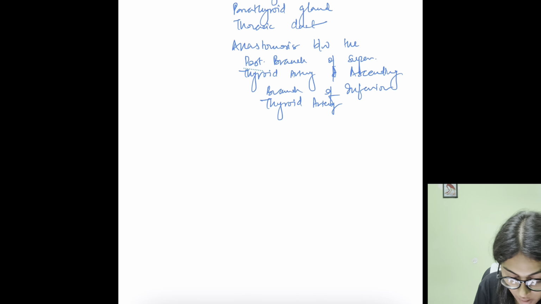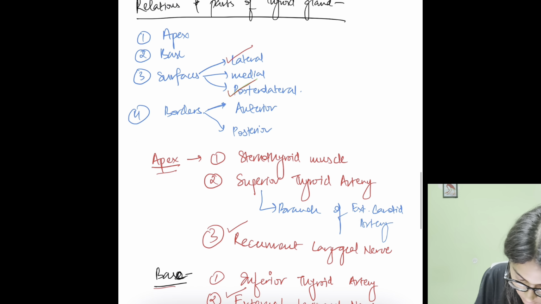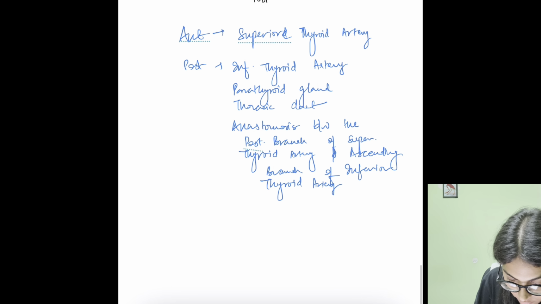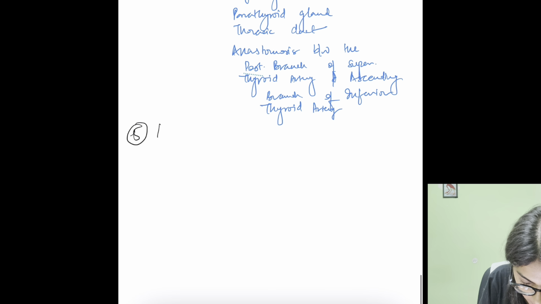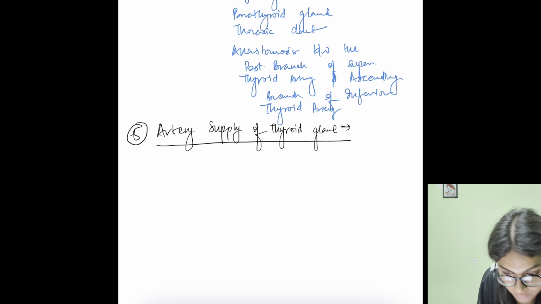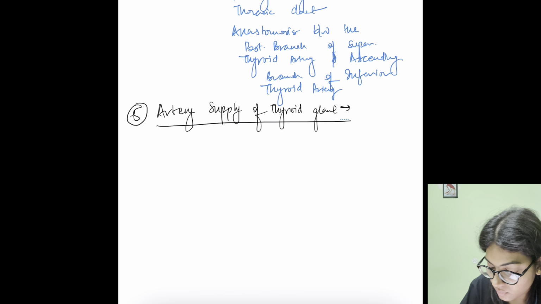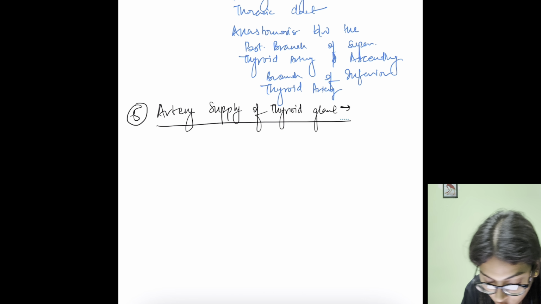If we talk about the arterial supply, this is our fifth heading. Fifth, we will talk about arterial supply of thyroid gland. There are four arteries.